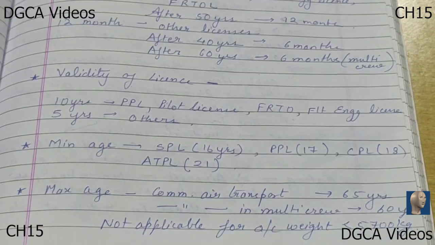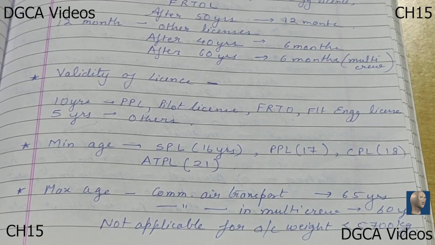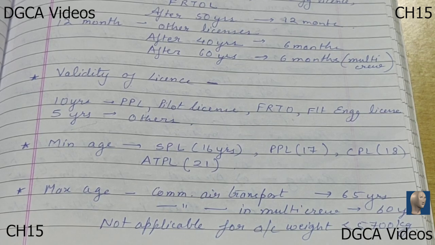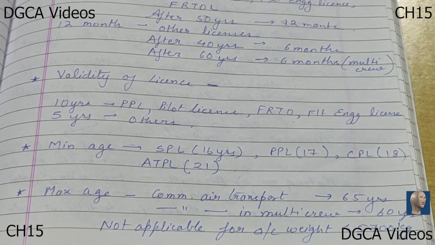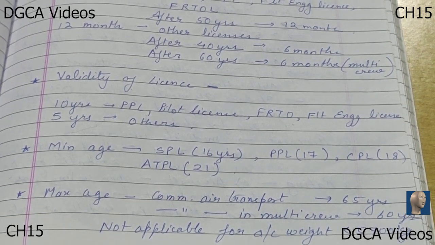Next important thing is minimum age. For student pilot license 16 years, private pilot license 17 years, commercial pilot license 18 years and ATPL 21 years. Maximum age. For commercial air transport, 65 years is the maximum age.